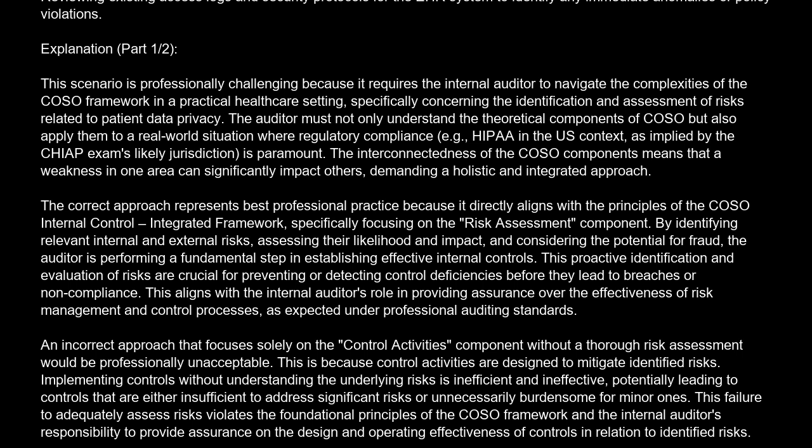By identifying relevant internal and external risks, assessing their likelihood and impact, and considering the potential for fraud, the auditor is performing a fundamental step in establishing effective internal controls. This proactive identification and evaluation of risks are crucial for preventing or detecting control deficiencies before they lead to breaches or non-compliance. This aligns with the internal auditor's role in providing assurance over the effectiveness of risk management and control processes, as expected under professional auditing standards.